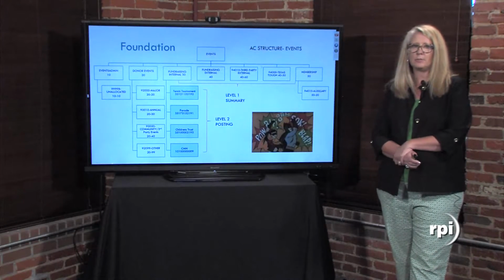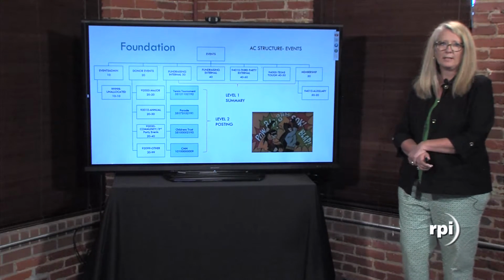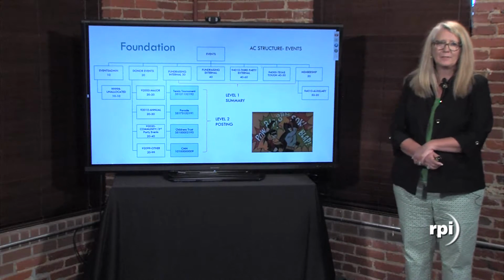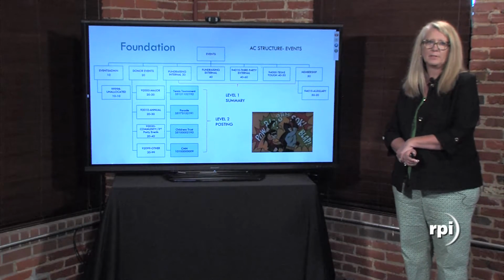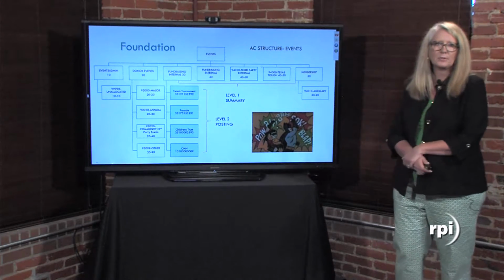And I think this screen is an illustration of that foundation special event tracking. This is where they had events as their activity group. They had different kinds of events they wanted to track: events administration, donor events, fundraising internal, fundraising external.